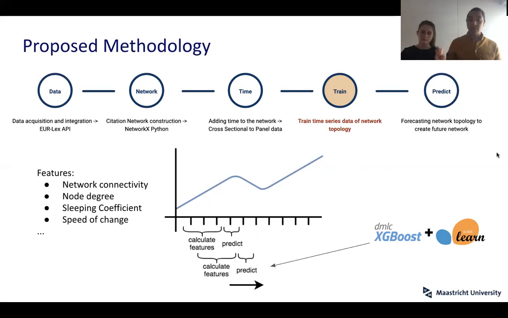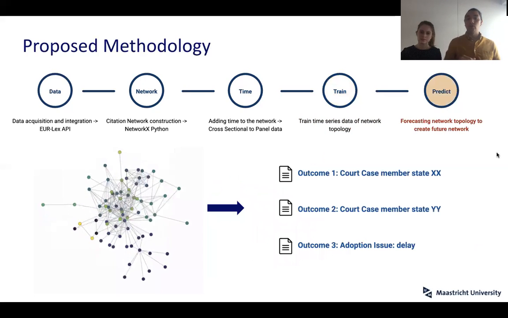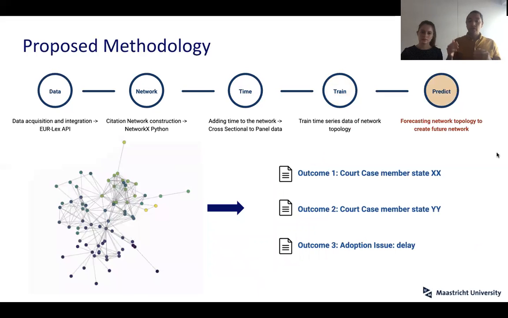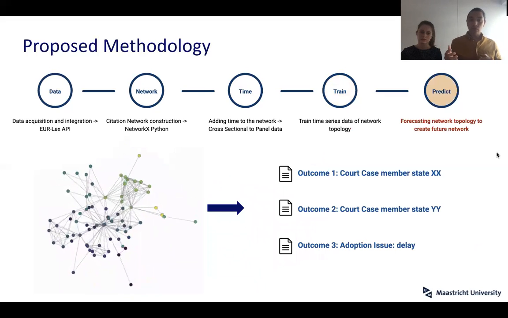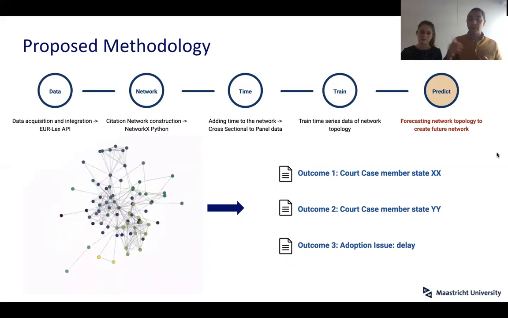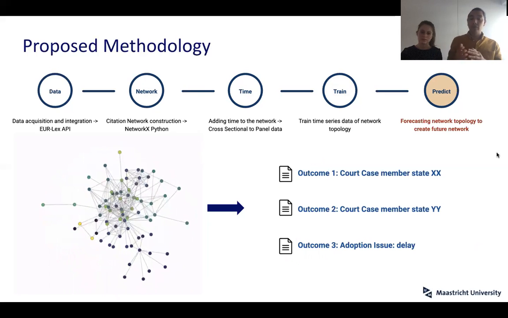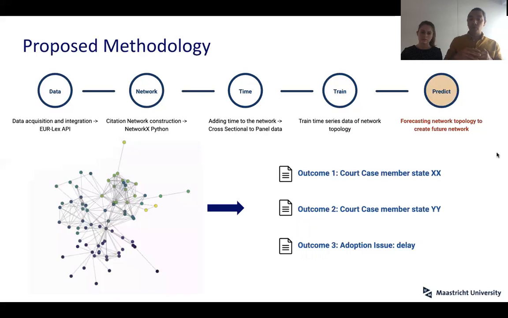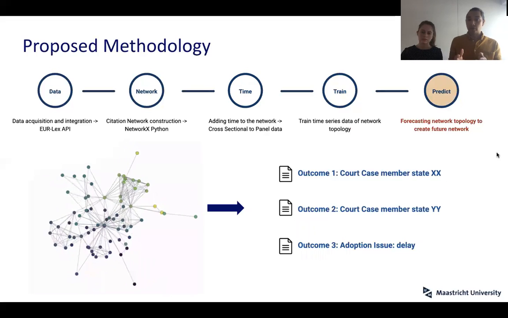In this case, the time series we want to forecast are the features of the topology, so that the past network can come into a future network, and this future or time-ahead subgraph will come up. It will bring you new outcomes.